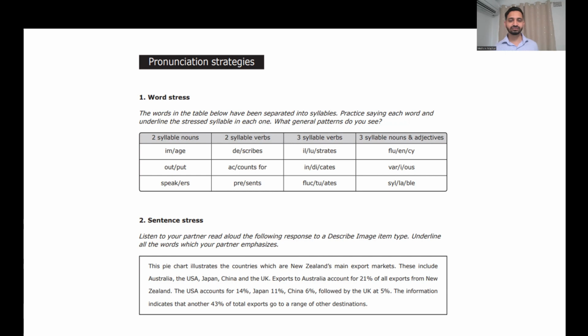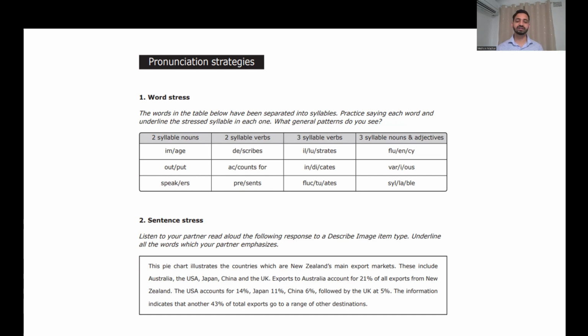Same for sentence stress. With sentence stress, we already know that there are certain words that you stress, and depending on the meaning, there is one possible answer. If I show you the answer, that's not the only answer. The words that you pronounce could be different from the response that I'm going to share with you, but you should know that the important words are stressed here.